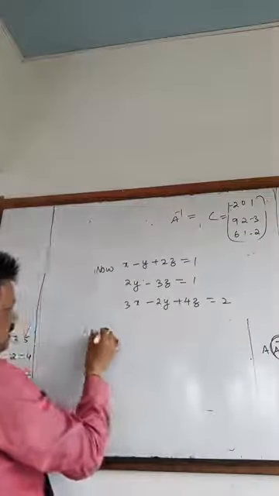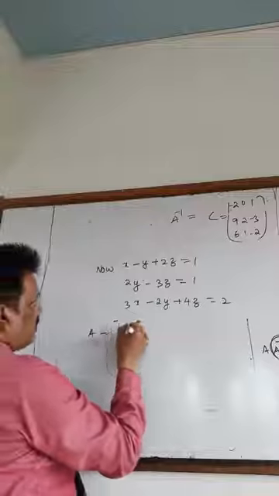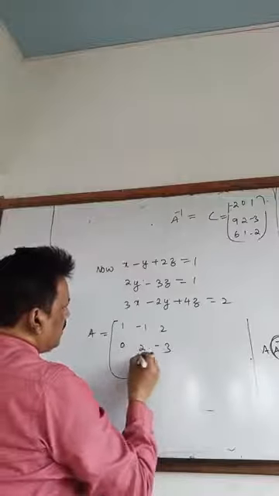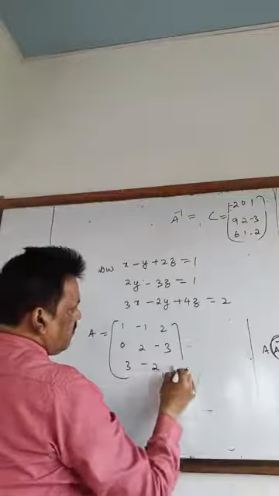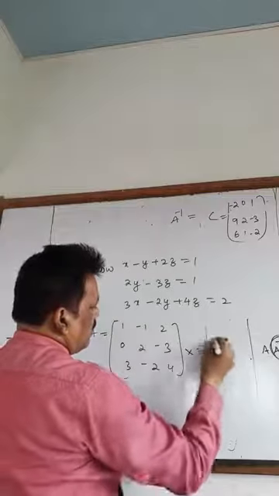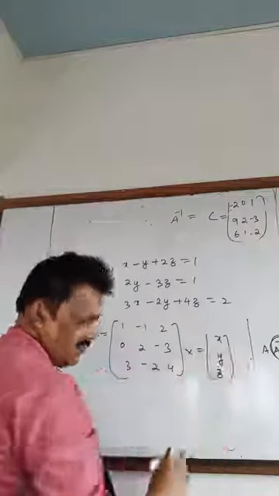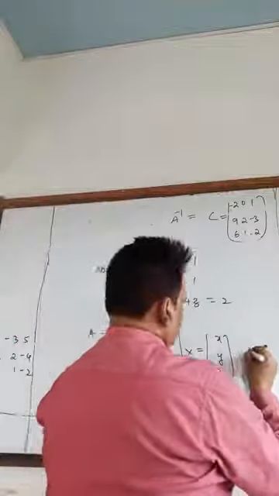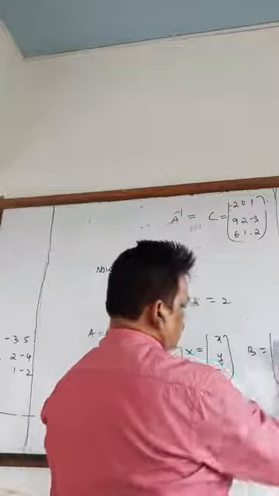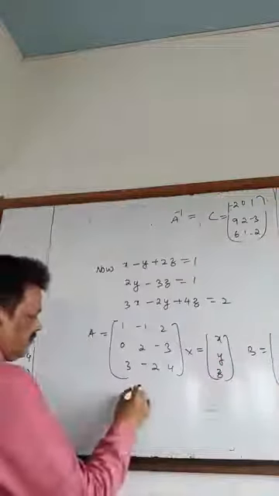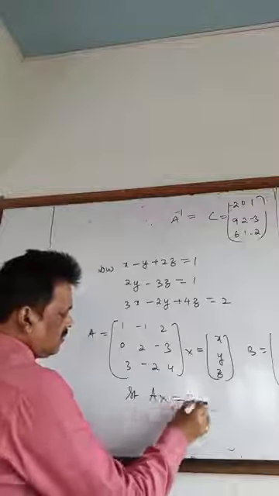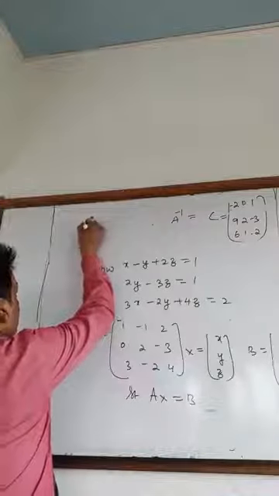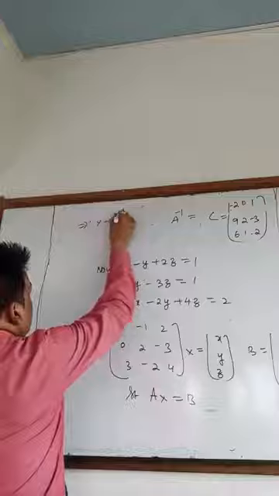So if I write A equals 1 minus 1 2, 0 2 minus 3, 3 minus 2 4, X equals x, y, z, B equals 1, 1, 2, such that AX equals B. Then what is X? It implies X equals A inverse B.